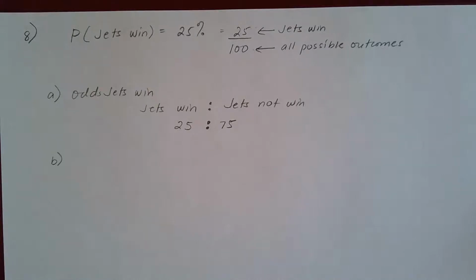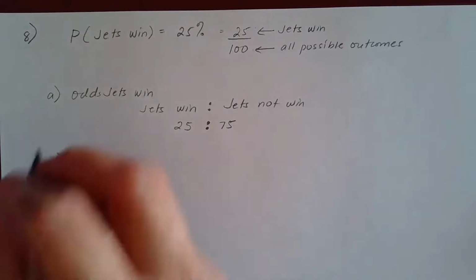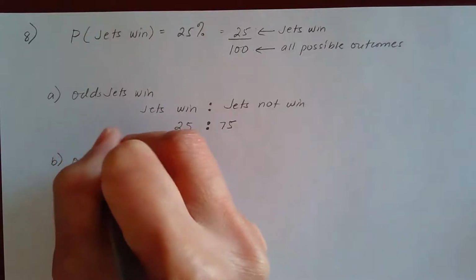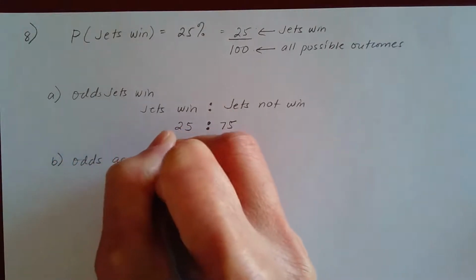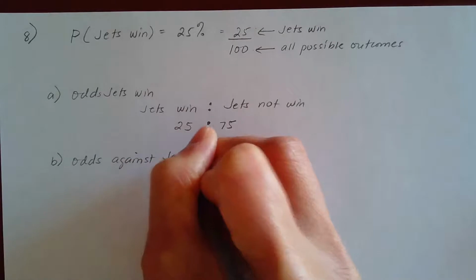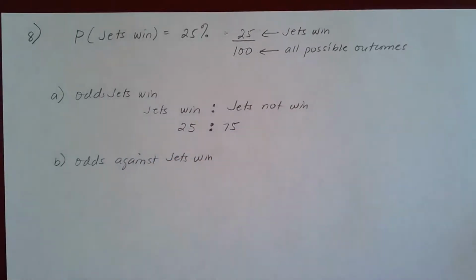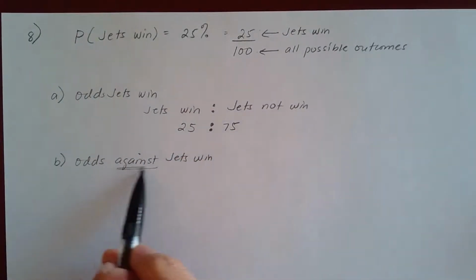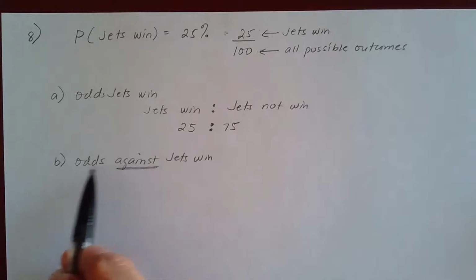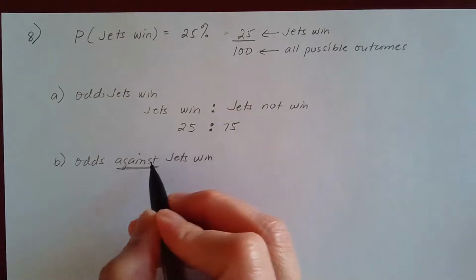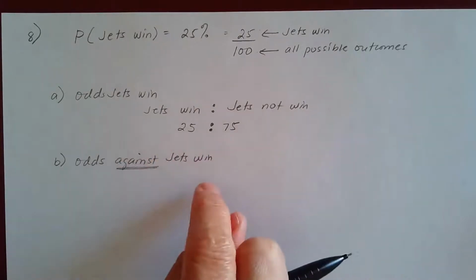And letter B, state the odds against Jets winning. Because I have to pay attention to my wording, odds against, that means I'm going to go against Jets winning.